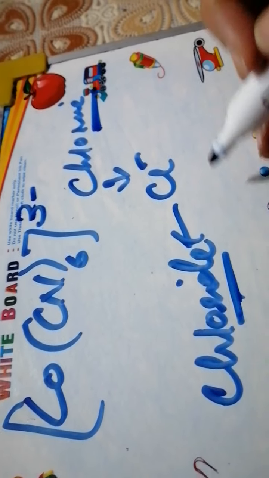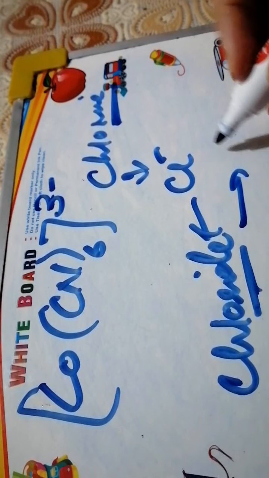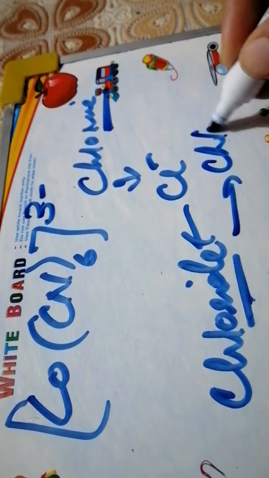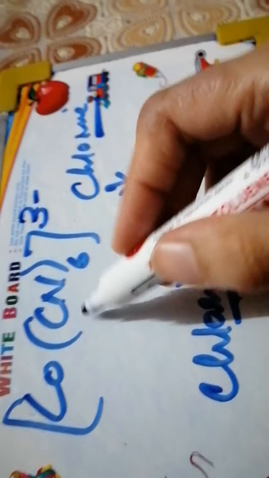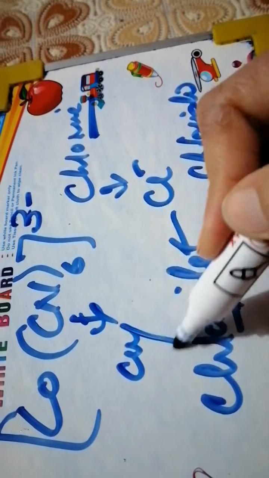Chlorine to chloride. But when we talk about it in ligand form in coordination complexes, it becomes chlorido, right? It's like cyanide to cyano, so it's hexacyano.